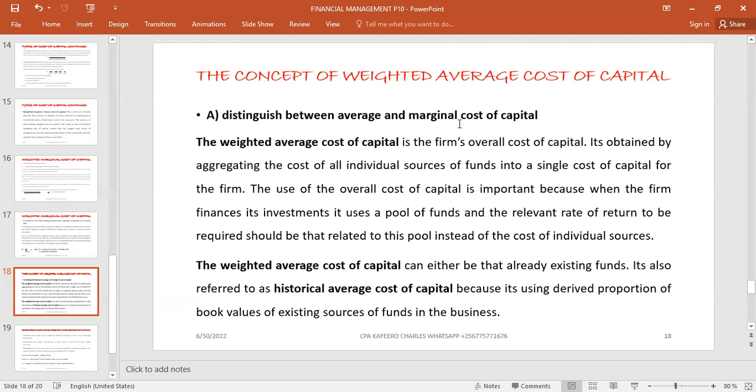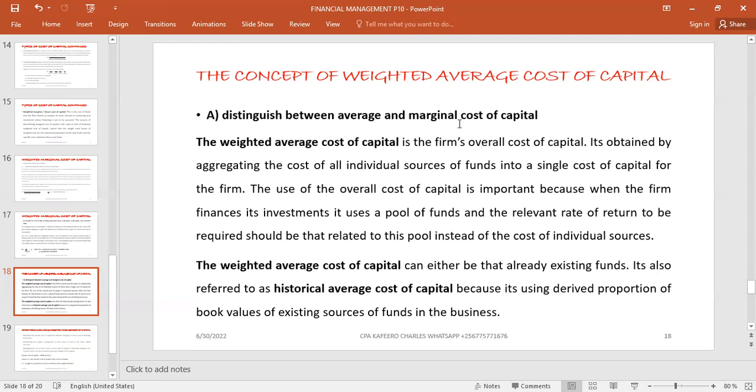The use of the overall cost of capital is important because when the firm finances its investment, it uses a pool of funds, and the relevant rate of return required should be that related to this pool instead of the cost of an individual item.